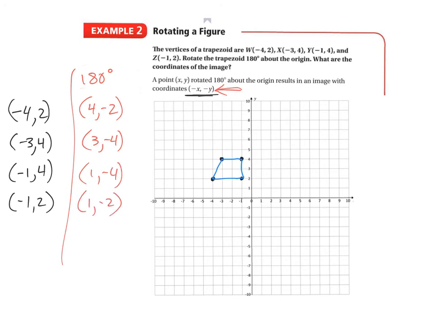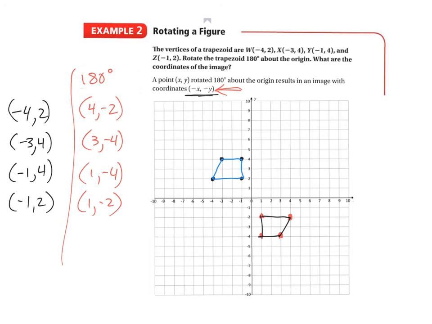So now we can just plot these: 4, -2, 3, -4, 1, -4, 1, -2. And our new trapezoid looks a little something like this. Okay, so that is the 180.